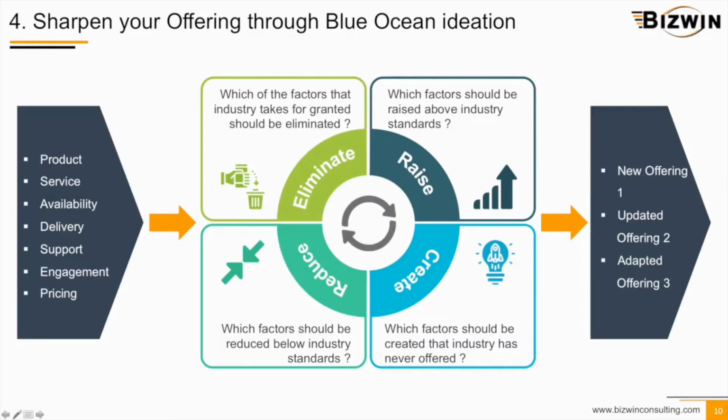But you can also do a bit of googling and understand how this quality function deployment works. This is a very important tool and a very important concept to power the linkage between the buyer utilities and your offerings. So this is step number 3. Step number 4 is sharpen your offerings through blue ocean ideation.